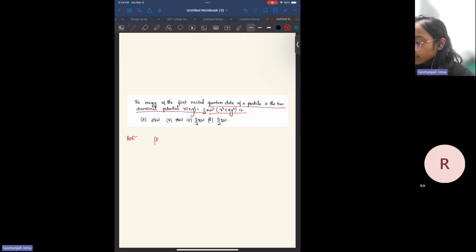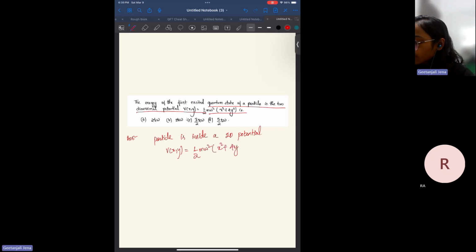It is given that a particle is inside a 2D potential, and the potential is V(x,y), which is half m omega square x square plus 4y square. Now it is asking what will be the energy of the first excited state.